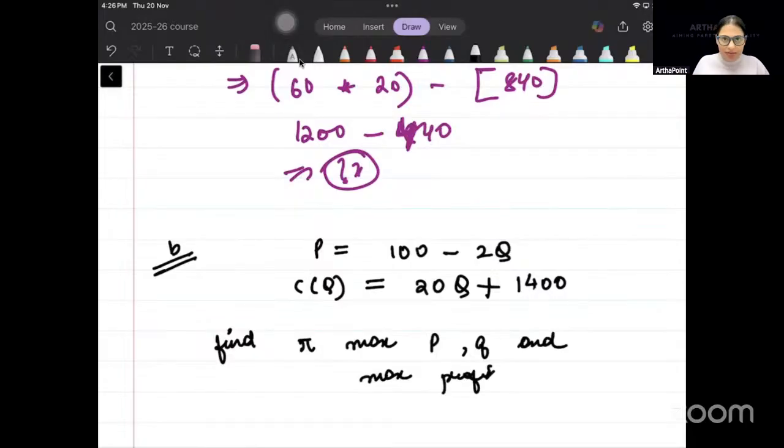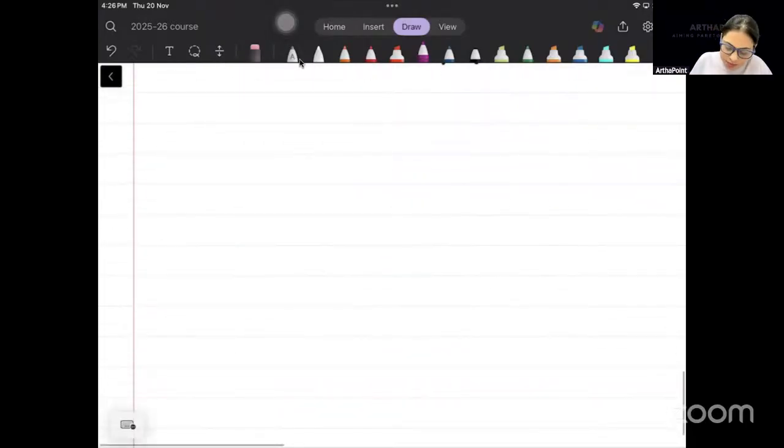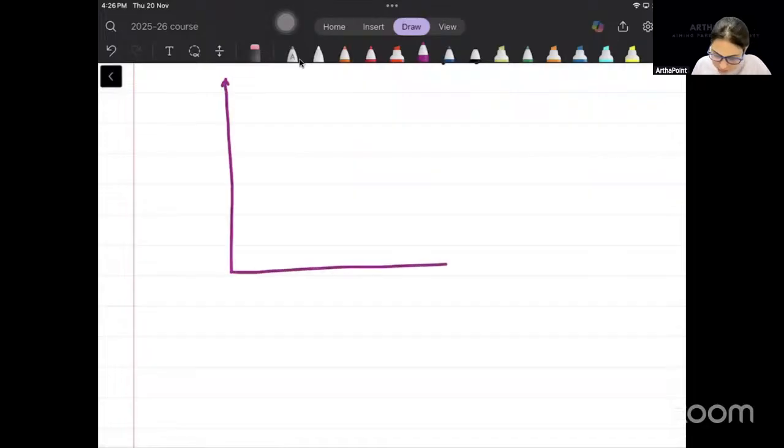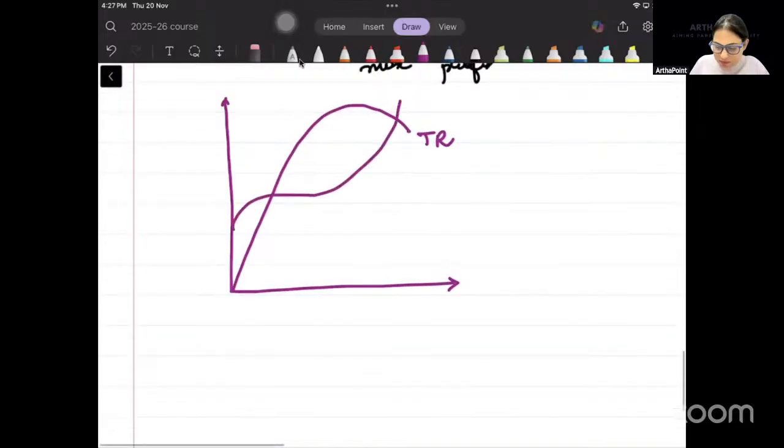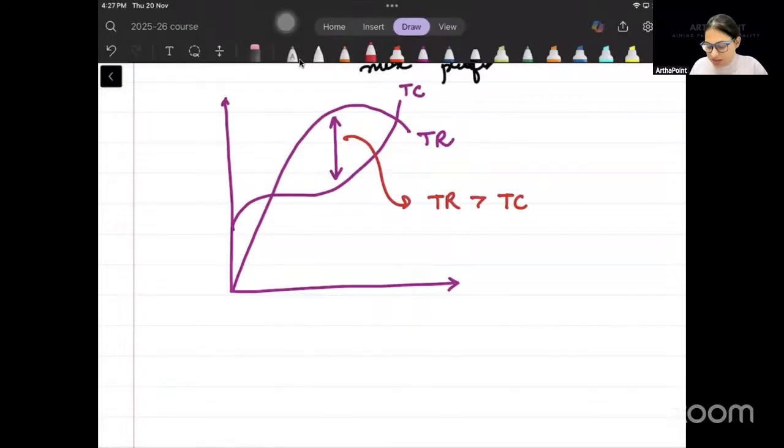अच्छा listen, ध्यान से देखना. So look at these figures that I'm making. देखो, this is my total revenue curve. This is my total cost curve. ठीक है? This is where the gap between TR and TC, TR is more than TC, total revenue is more, total cost is less.